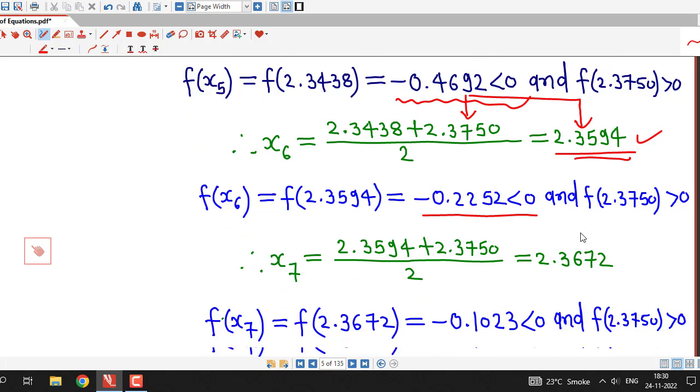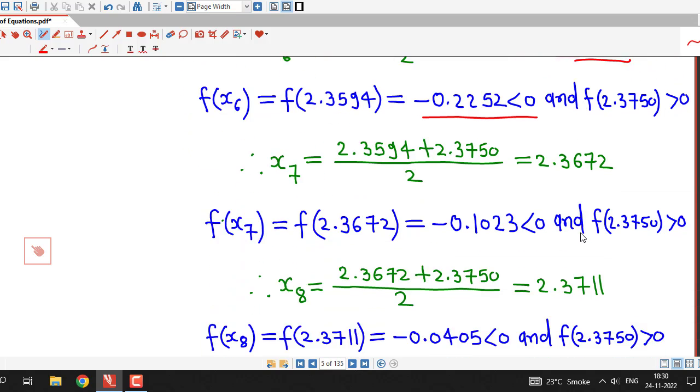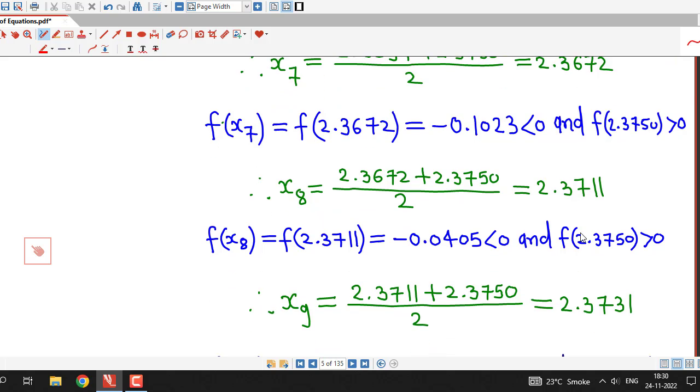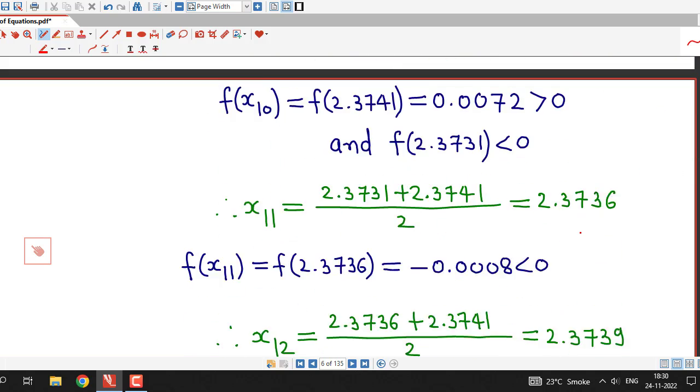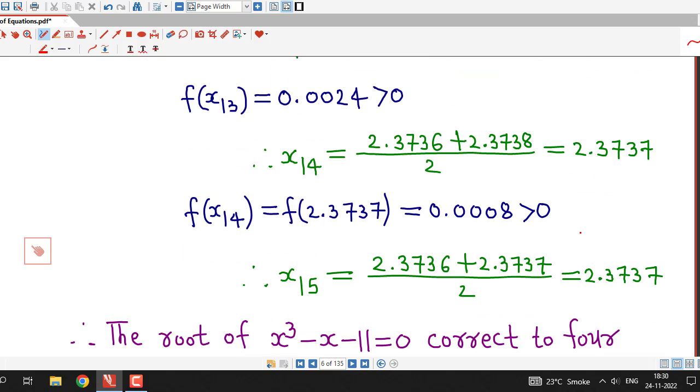So in this way I have calculated all the upcoming approximations, and I find that x14 and x15 are equal up to 4 decimal places.